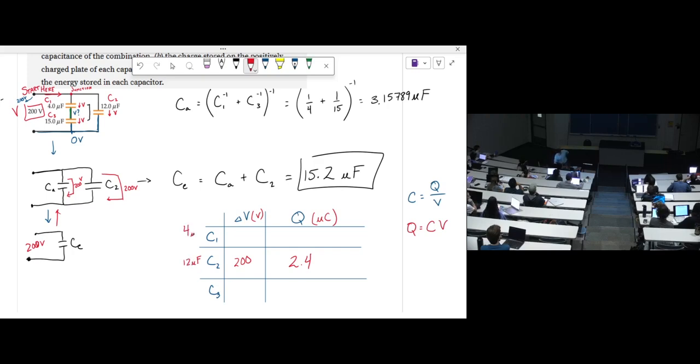C1 was 4 microfarads, and C3 is 15 microfarads. Okay, so we've got C2. How do we find the voltage drop across C1 and C3? How do we find the charge on each one of those?